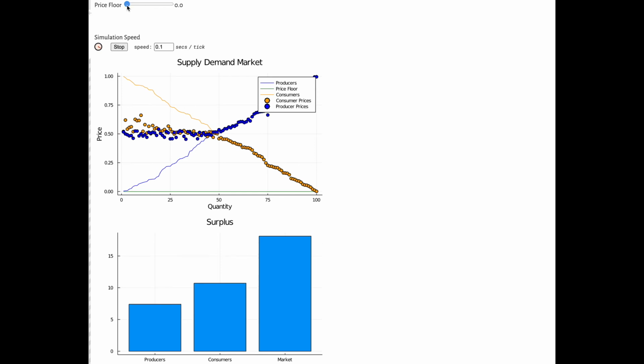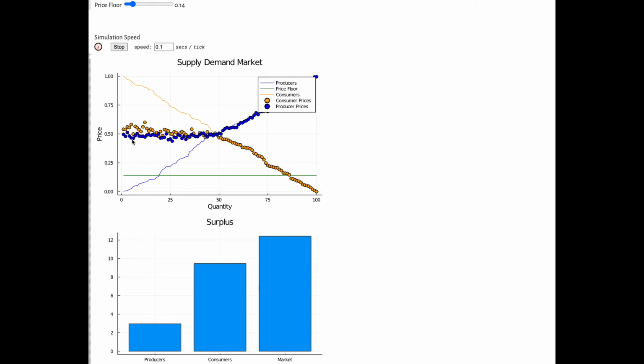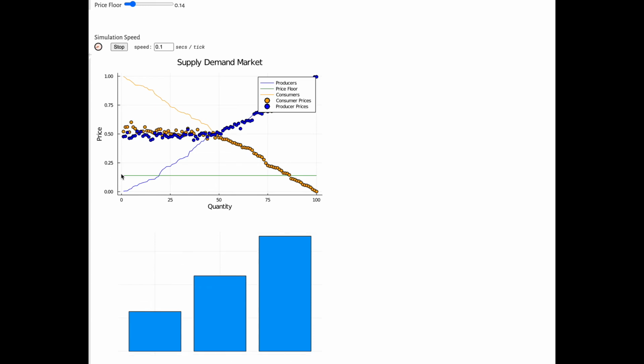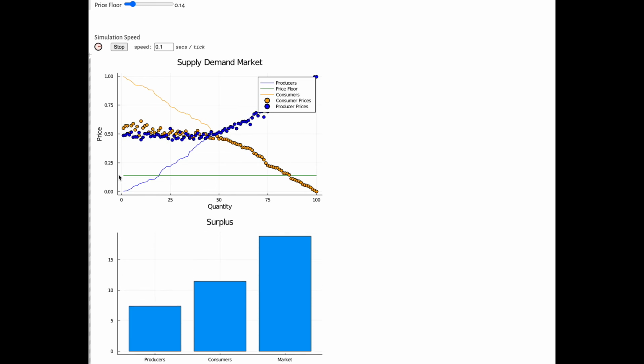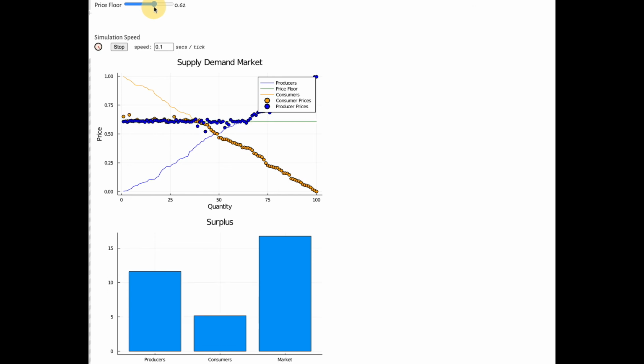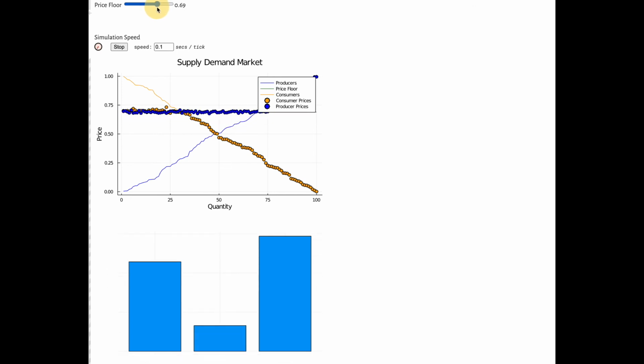The same should be true even as I increase the price floor a little bit, because most of the producers and consumers are making trades at this price. So it doesn't really affect them much when the price floor is around 0.15 or 0.2. But as I slowly increase the price floor, you can see that suddenly all the producers and consumers start following the price floor.